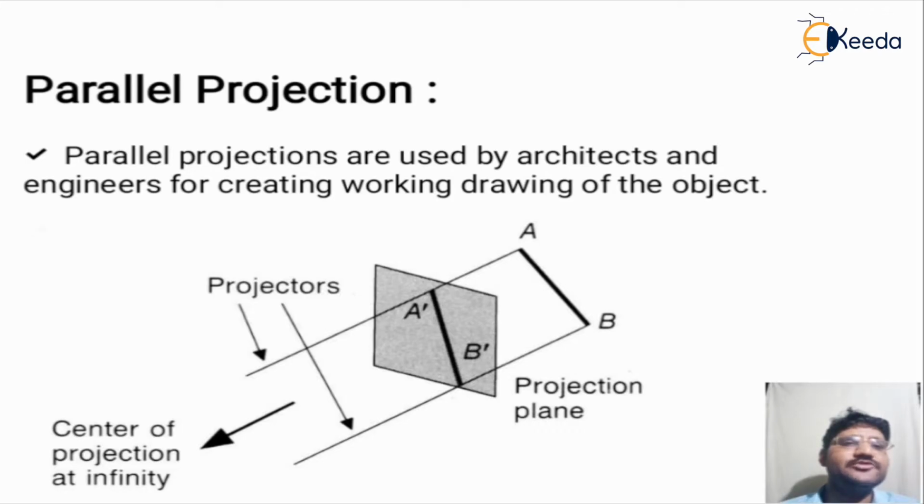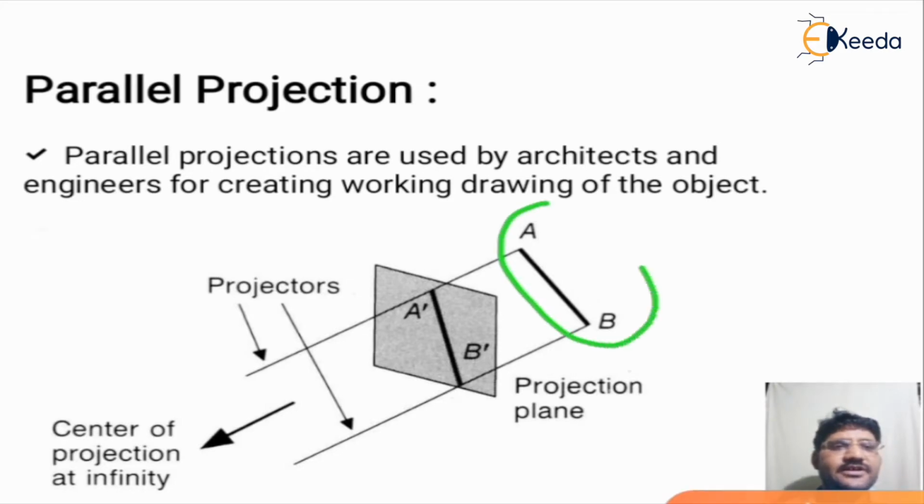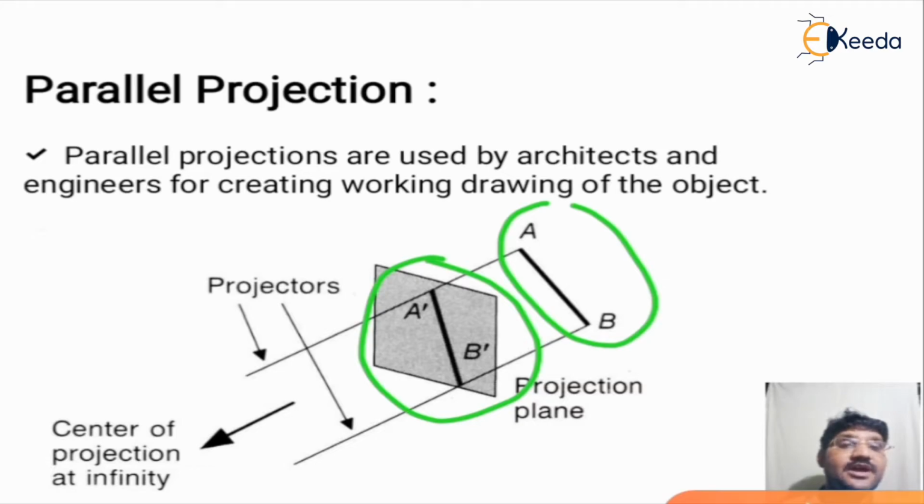Parallel projections are used by architects and engineers for creating working drawings of the object. In the diagram we can see this is object AB. This is the projection plane. After parallel projection, these are the projection lines which are parallel to each other.